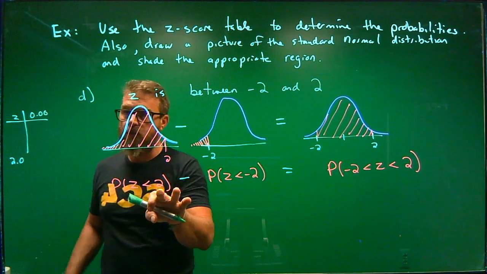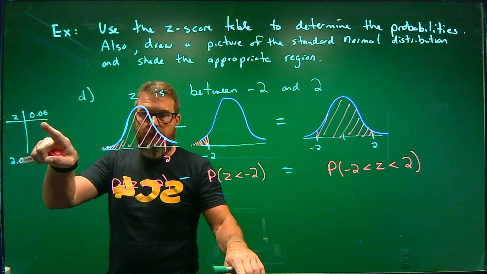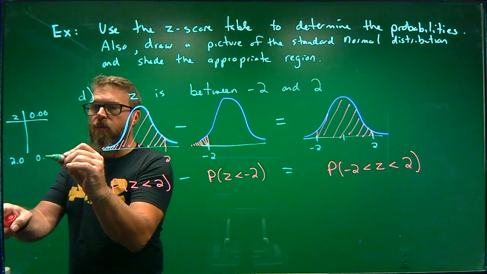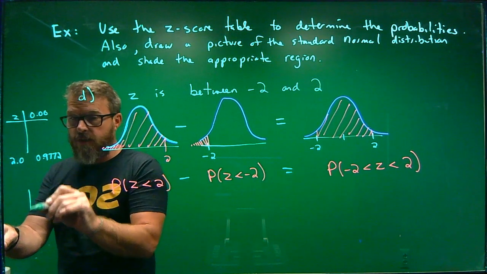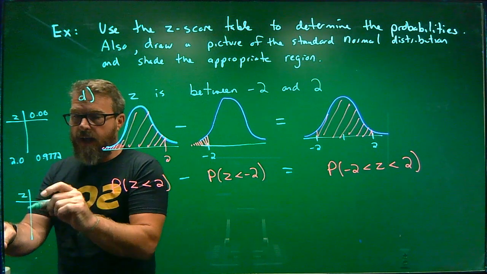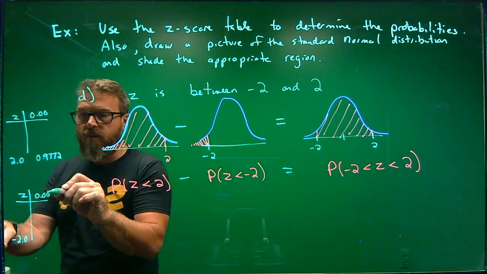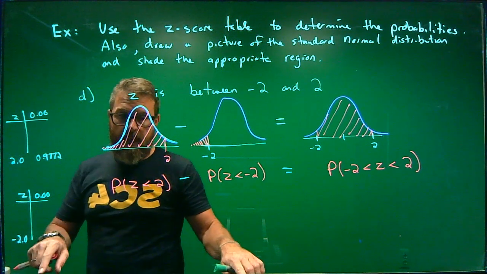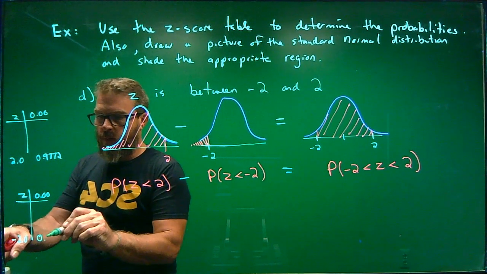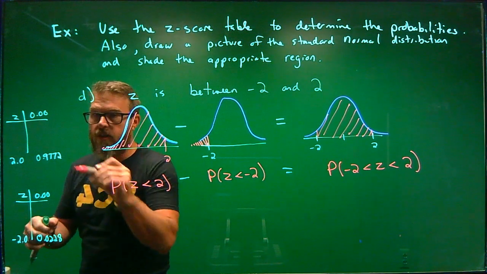So if I'm looking for 2, I'm actually looking for 2.00. So it gives 0.9772. Now similarly, on the negative z-score table, I have to drop this down to negative 2.0 and also 0.00. So this will give me my negative 2.00, and that 0.0228. So these are these two probabilities.